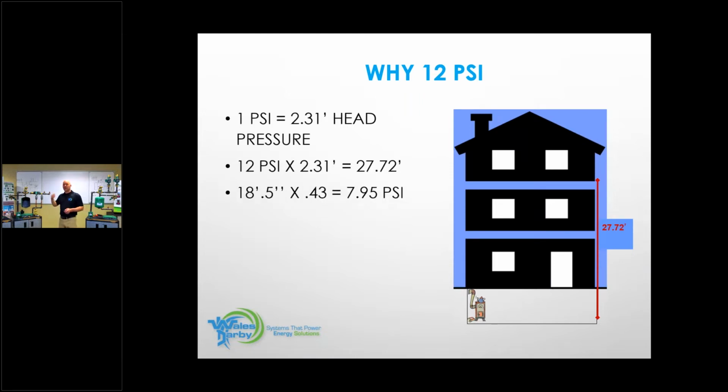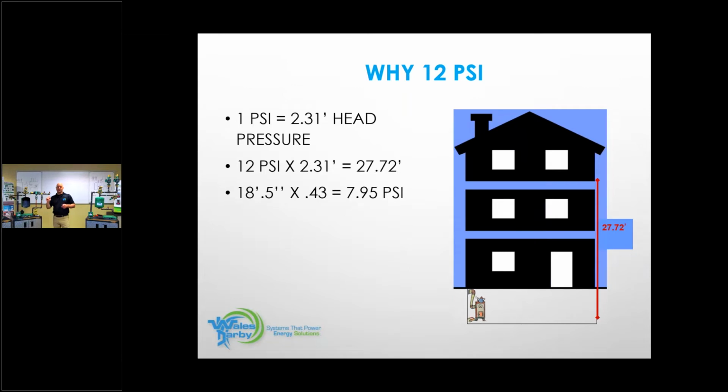So realistically, if we always want to keep 4 PSI on the top, the highest point in our system, to make sure that we can move air bubbles, that means about 18.5 feet of height. And if you want a shortcut to figure that out, if you're not going to remember that 1 PSI equals 2.31 feet, just take 0.43 and use that as your multiplier.